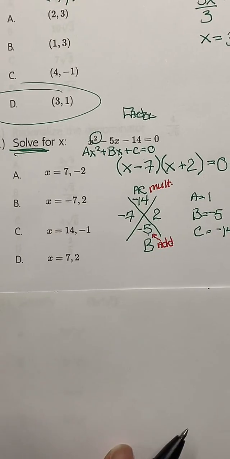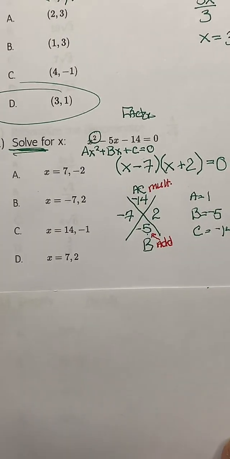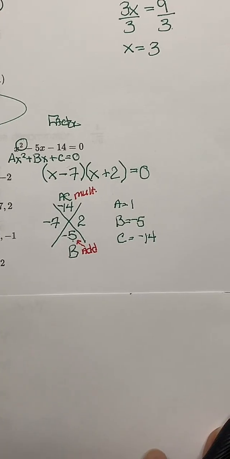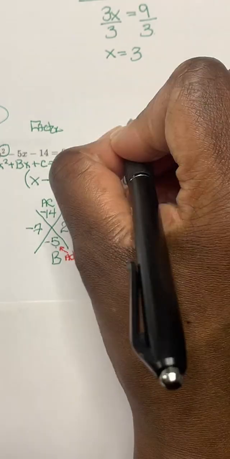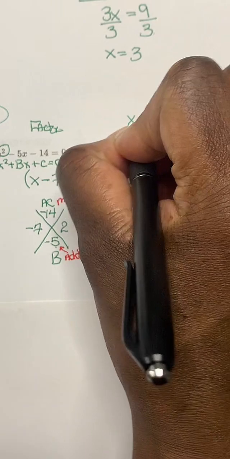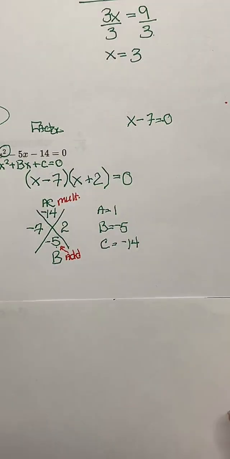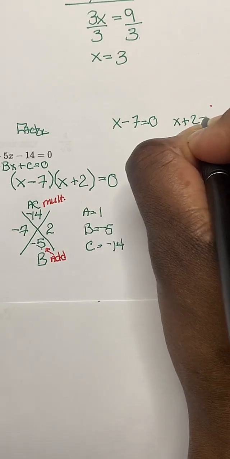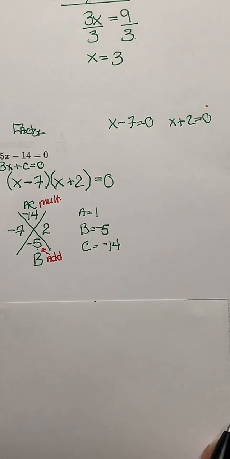They want us to solve for it. So that means I need to set each of those parentheses equal to 0. So it's going to look like this. We have x minus 7 is equal to 0, and we have x plus 2 is equal to 0.